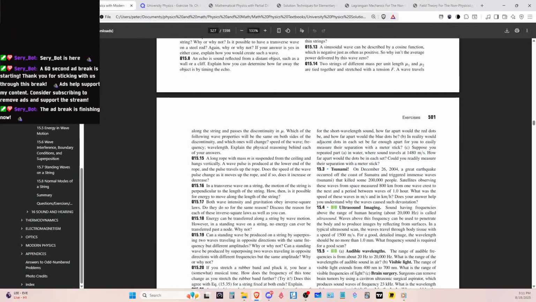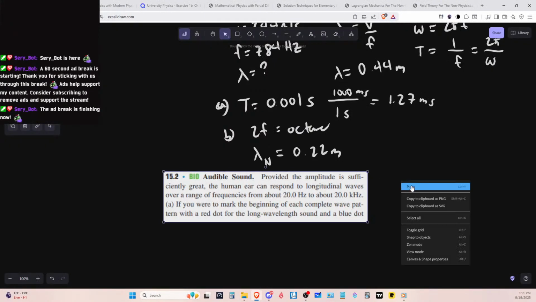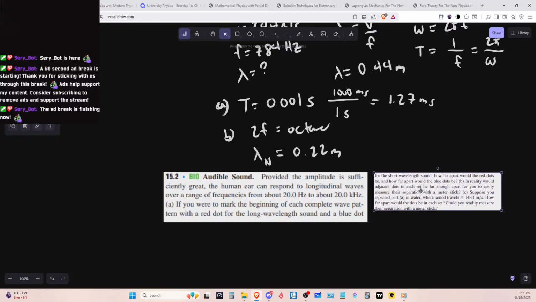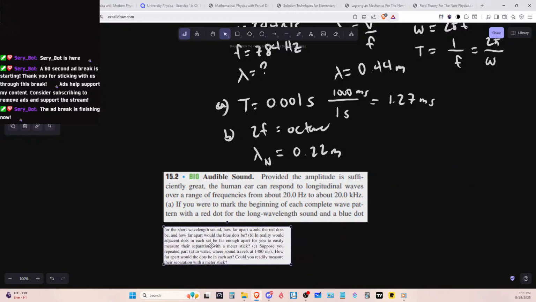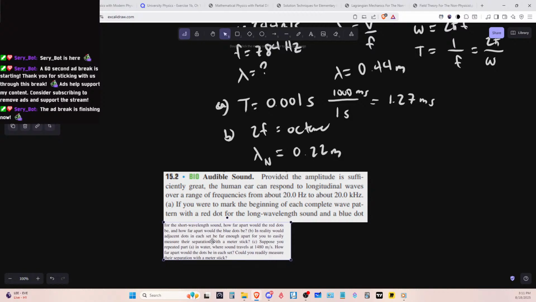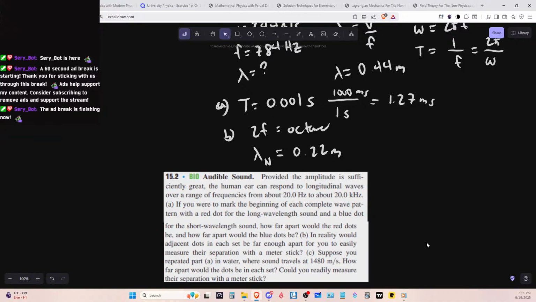There we go. And then we'll paste it over here. And I think we'll just put it down here because it's still technically connected like that. There we go. And then we'll expand it like so.